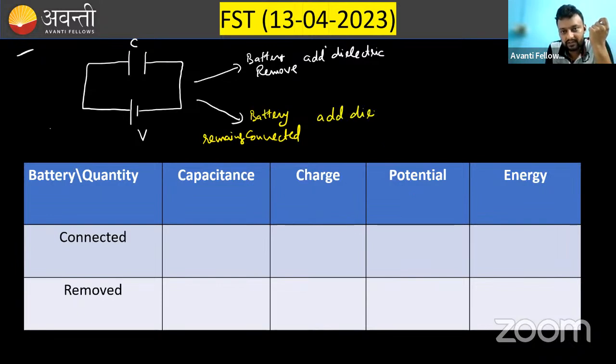In both situations, dielectric is being added. But in one situation, the battery is removed and in one situation, the battery remains connected.